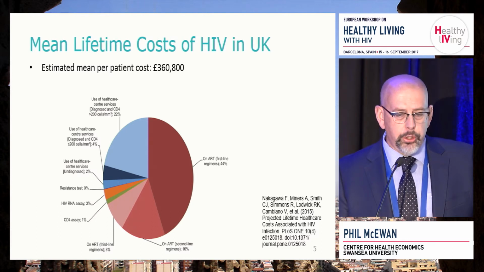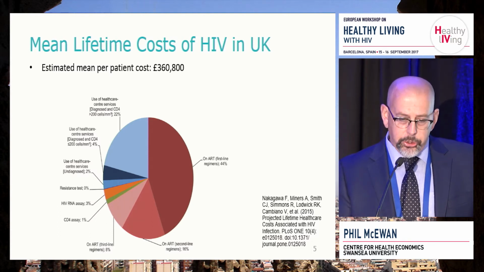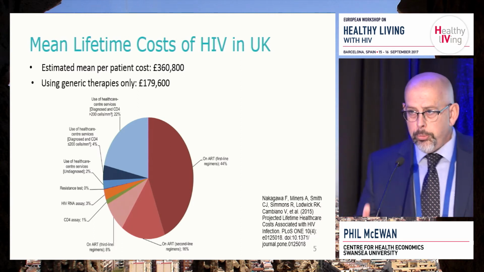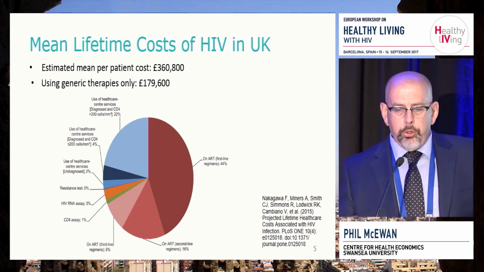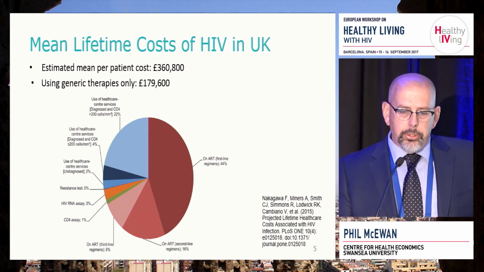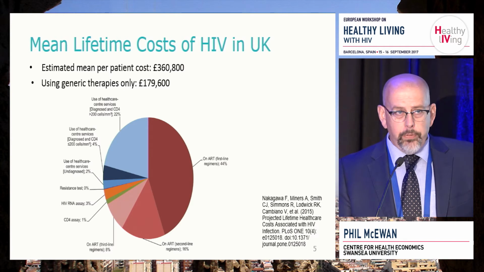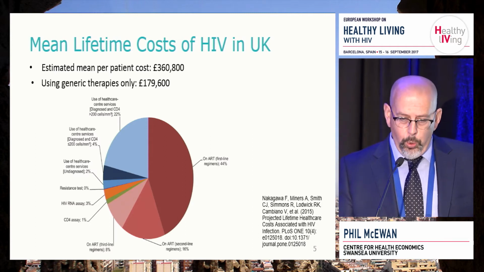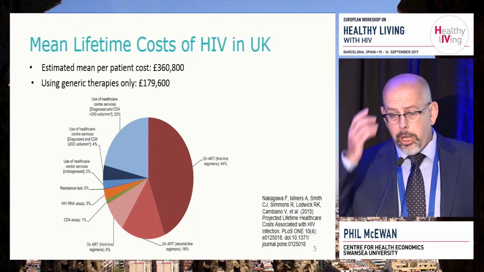So it's around 2/3. The point they were making with this study was that you can reduce costs by using more generic therapies, but the real value is obtained if you can prevent HIV infection in the first place. So strategies to minimize the cost of therapies as well as prevent HIV infection occurring in the first place would be sensible strategies, and indeed they are.